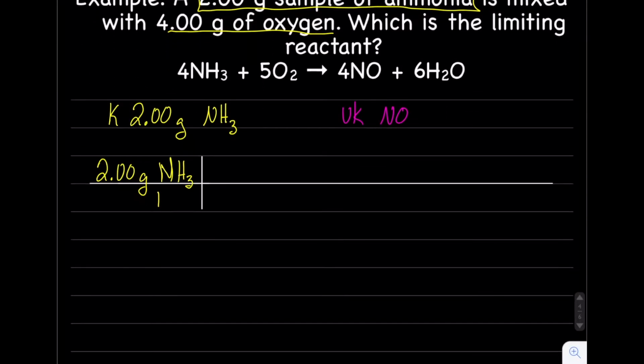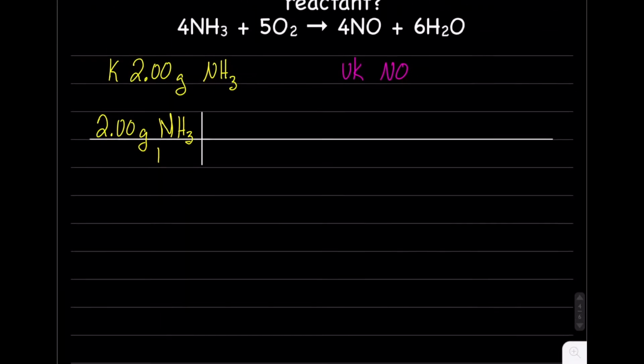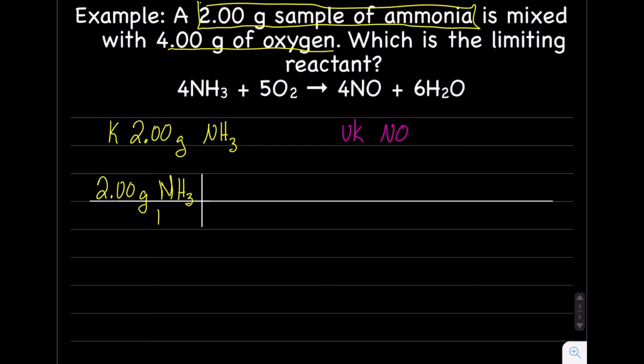So our known is NH3, which means to get the molar mass, we're going to add up the mass of 1 nitrogen, which is 14.01 grams, and 3 hydrogens, which is 1.01 grams times 3.